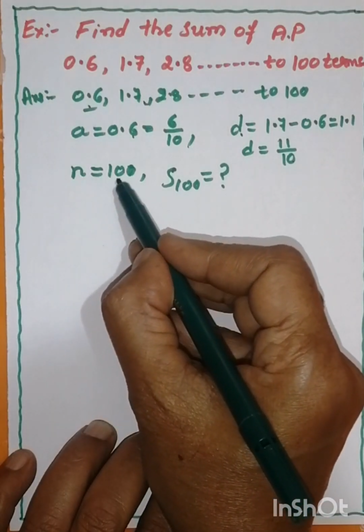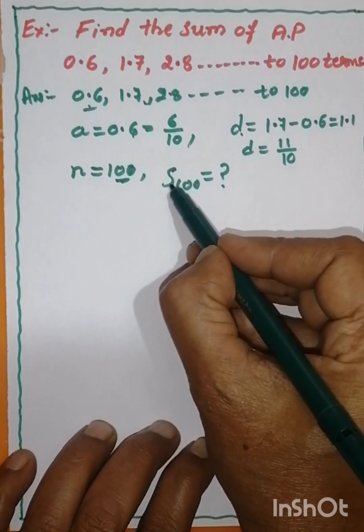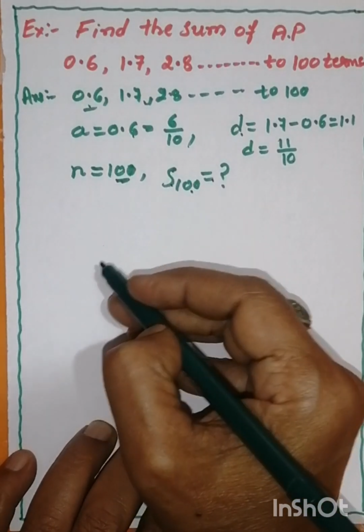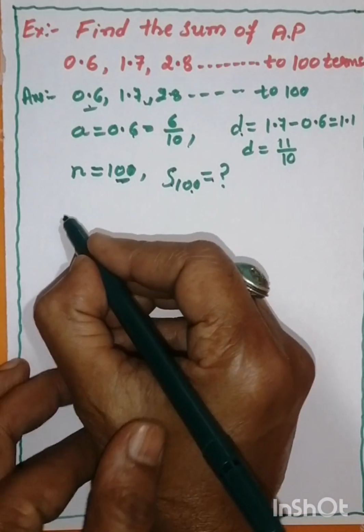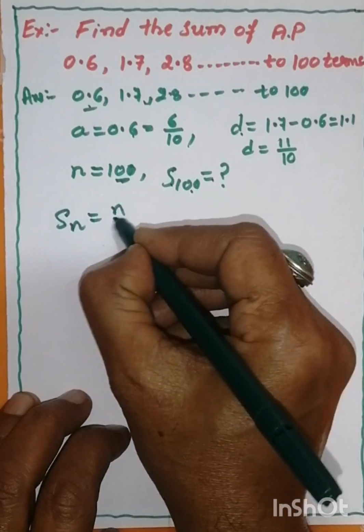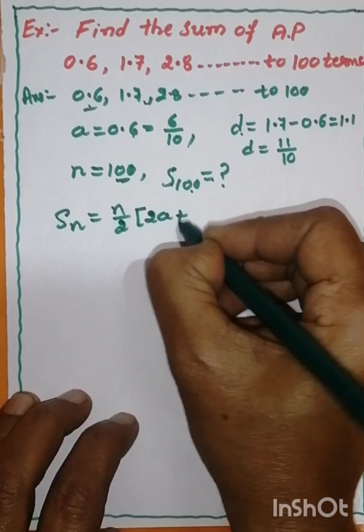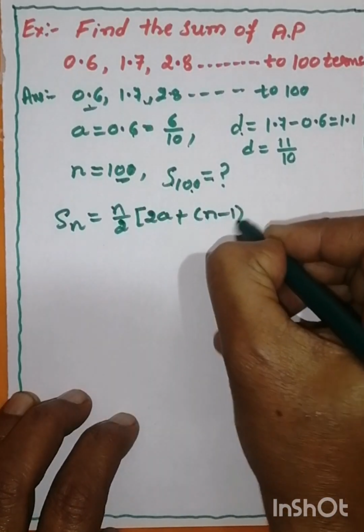Number of terms is given here, 100. We have to find out the sum of 100 terms. We have the formula Sn is equal to n by 2 bracket 2a plus n minus 1 into d.